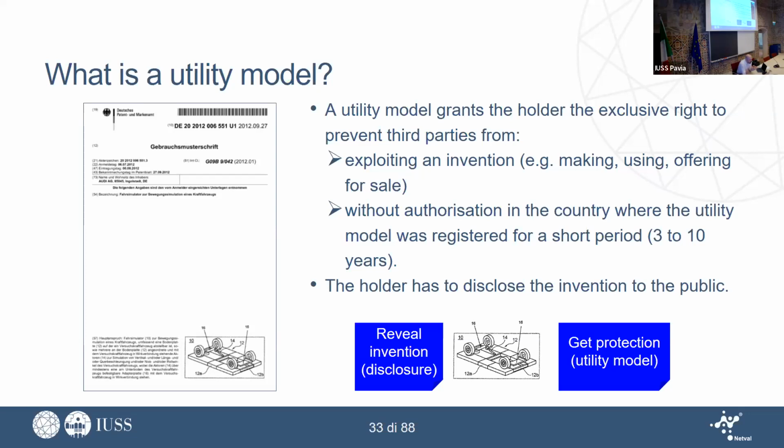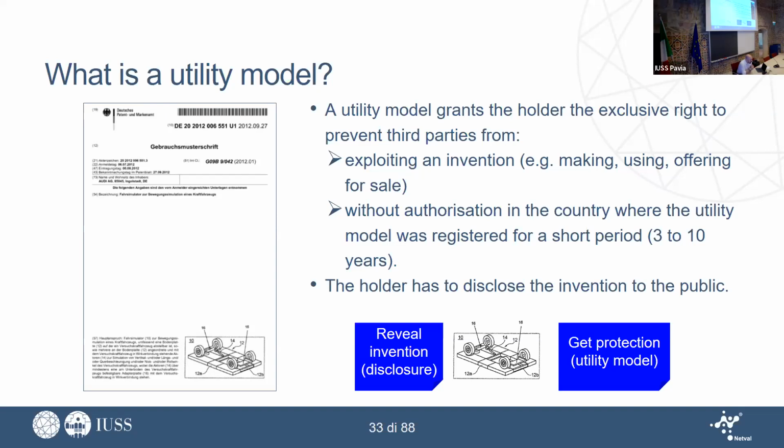And of course, because of the particular territoriality of the utility model, there is no European or international utility model. Depending on the different legislation, a utility model can be protected for up to a maximum of 10 years in most of the countries.